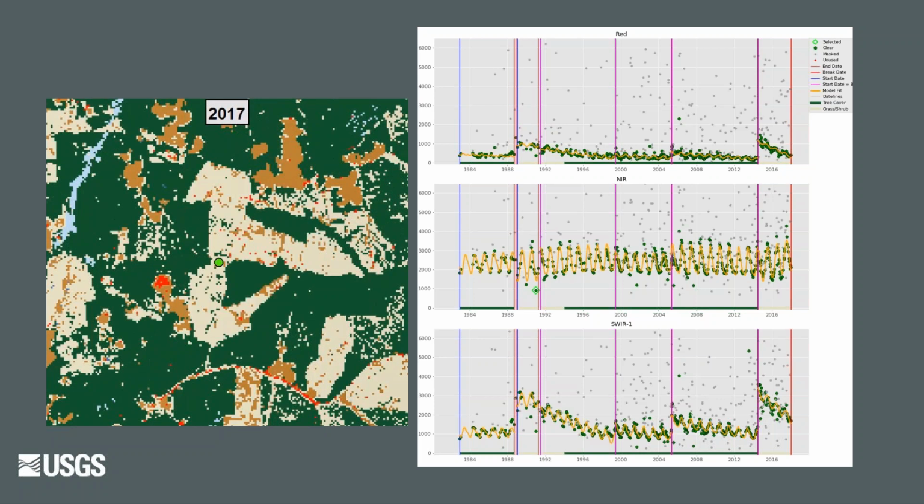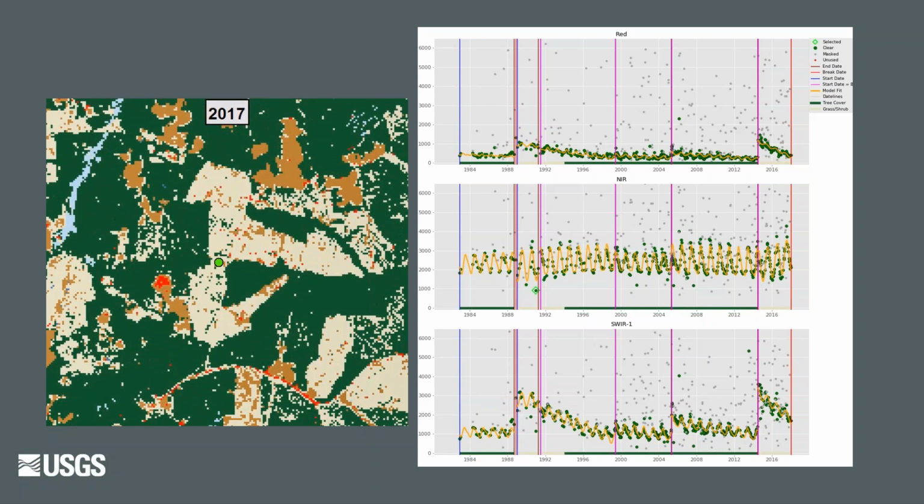The green dot is where the time series on the right are collected. In this case, I'm showing you the red, the near IR, and the first shortwave infrared band. And what's shown in different colors are the breaks that were extracted from this time series.